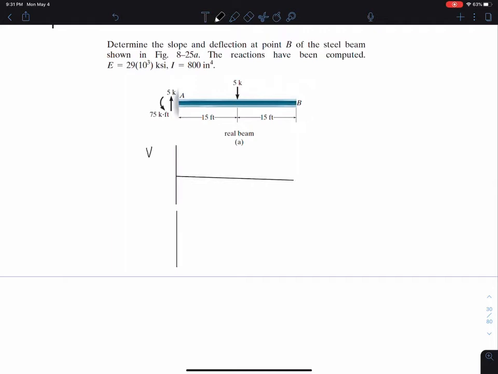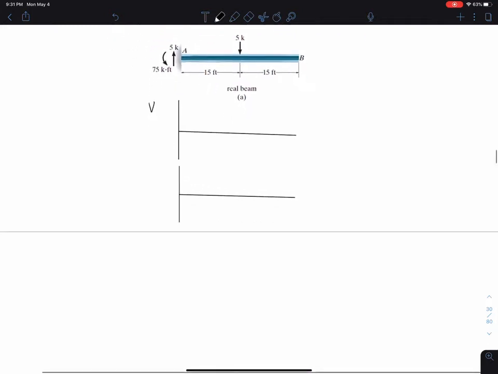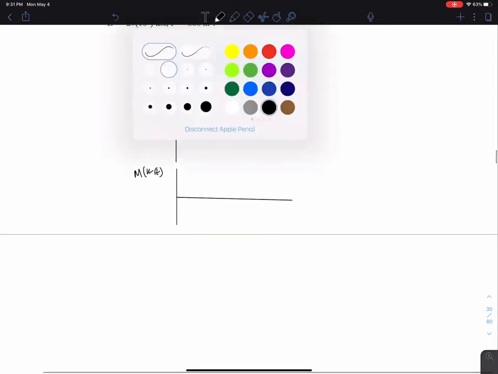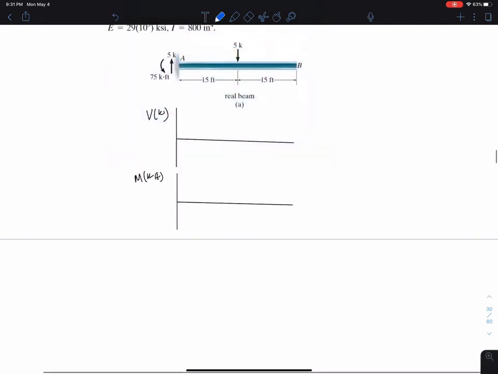And of course, this is super important, our moment diagram. Here we're going up 5 kips. No change. Down 5 kips. And then nothing.